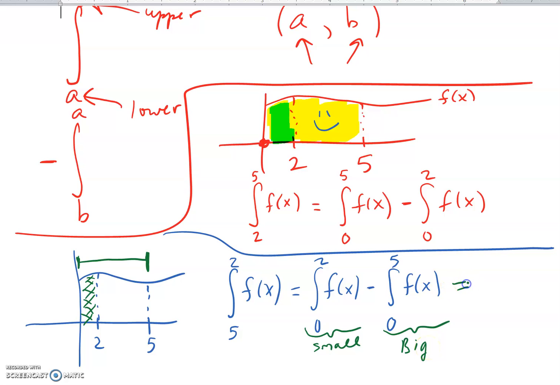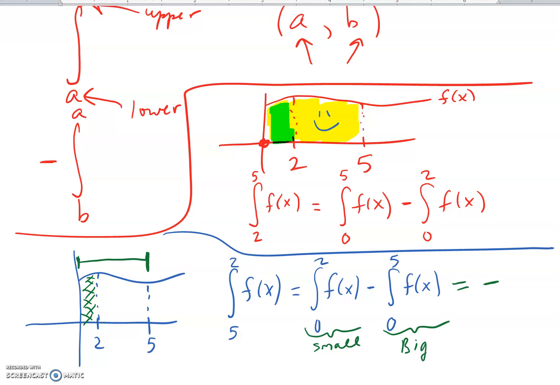So the end result always ends up being negative because you're taking more area away than you had. So in this case, ultimately when you start with the big and you take away the small, you're going to end up with the middle area.